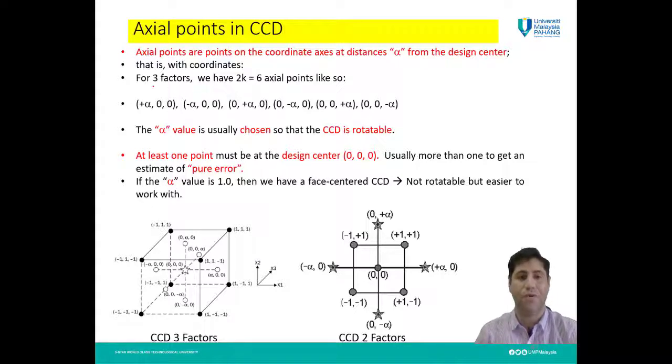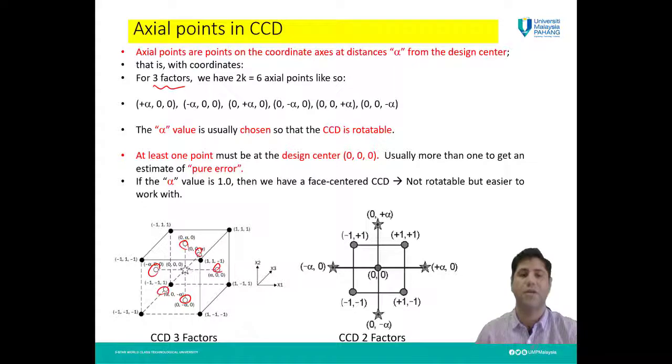For example, for an experiment with three factors like temperature, pressure, and time, k is 3. We will have 6 axial points like what we have here.